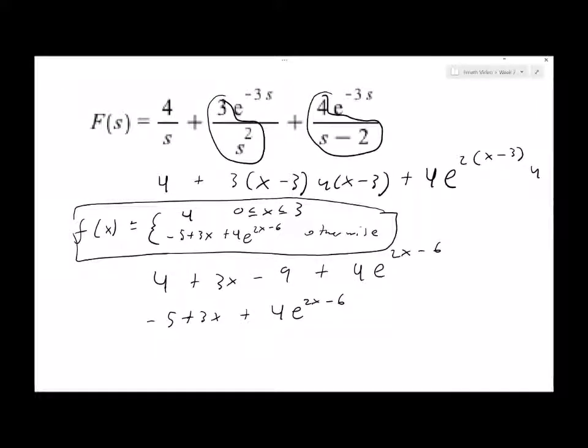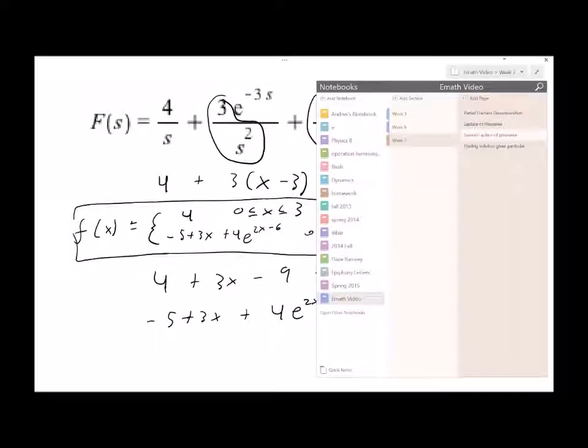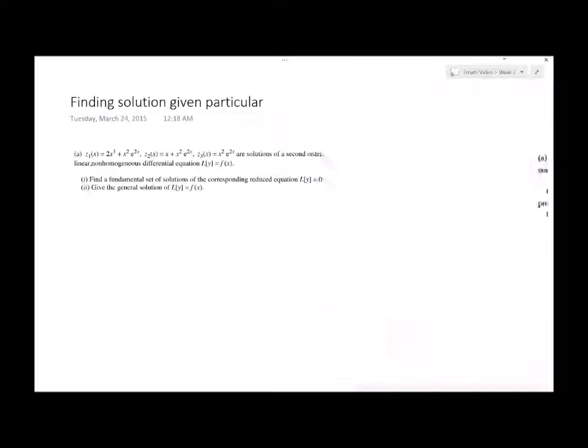So there you go. That's how you do the inverse Laplace of a piecewise.